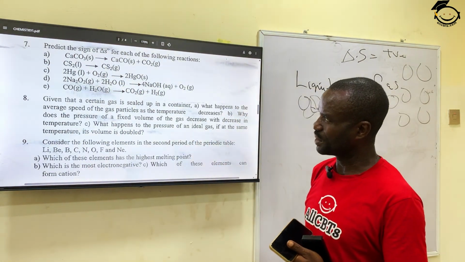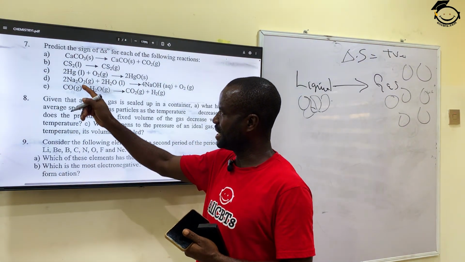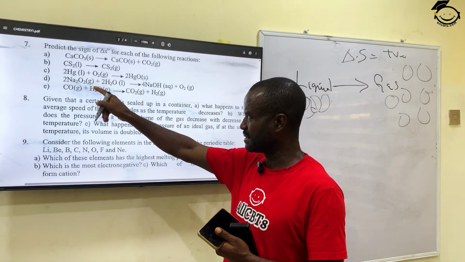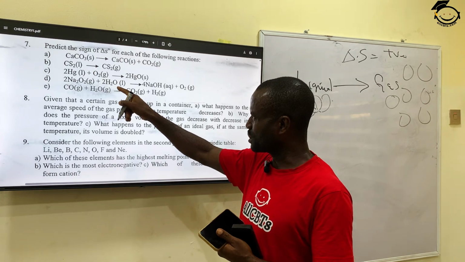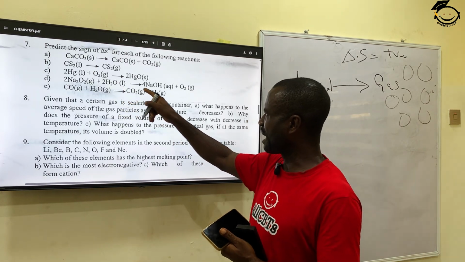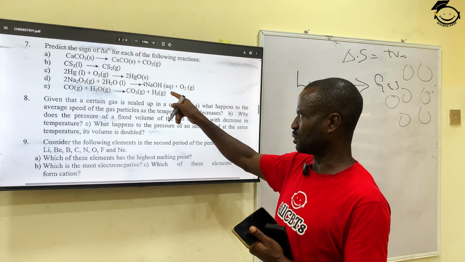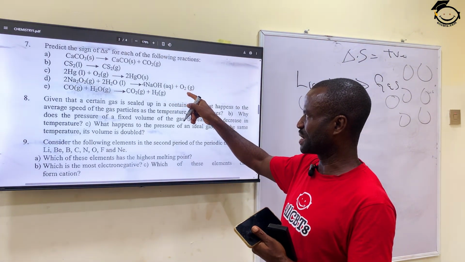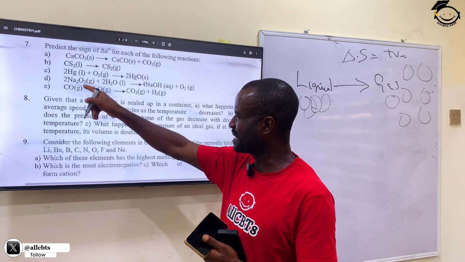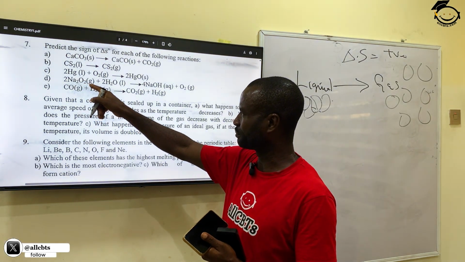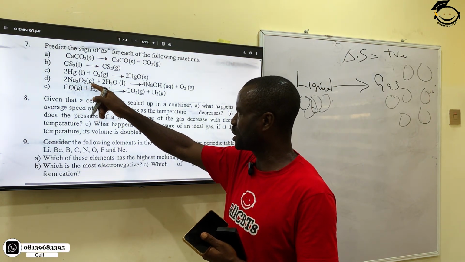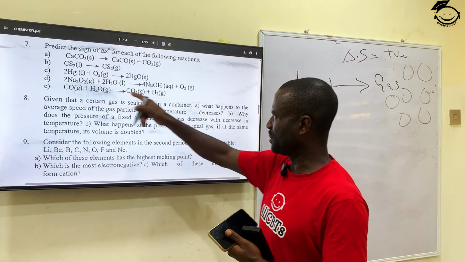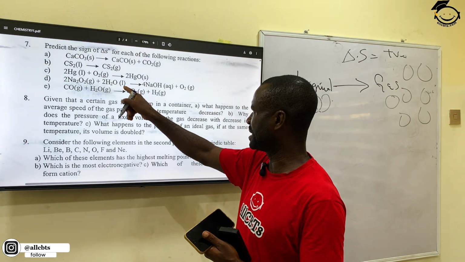Now let's look at the next one, D. D is sodium oxide in gaseous state reacting with water in liquid state to form an aqueous solution of sodium hydroxide, followed by oxygen in gaseous state. So you expect the degree of movement of the molecules to increase in the gaseous state.